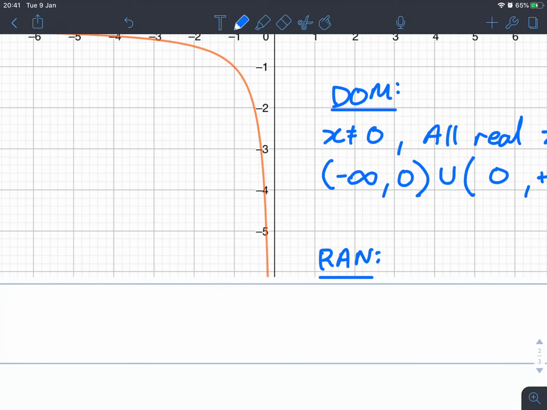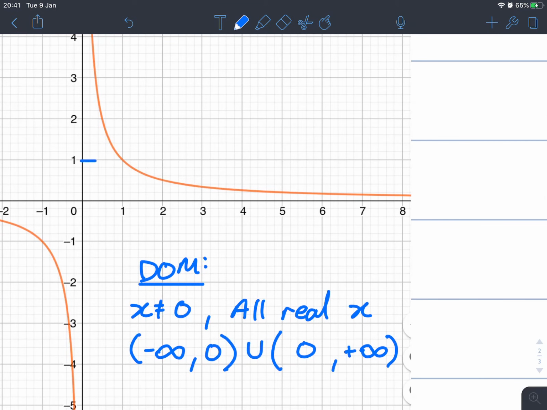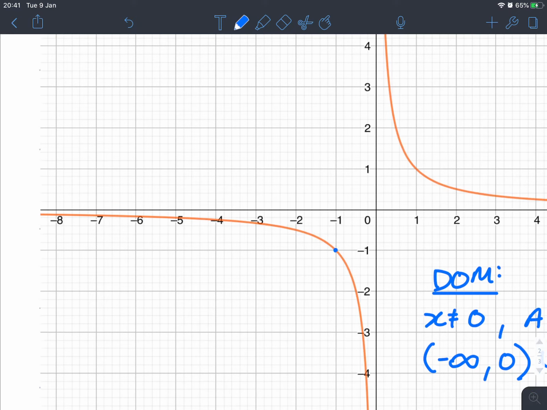Okay. But now if you take a look at this point, the y value here is 1, the y value here is half, the y value here is 1/3, here it's 1/4, here is 1/5, and so on. Can you see that the y value will always be a fraction? It'll get closer and closer to 0, but it will never be equal to 0. Likewise here, this point here, y is equal to -1.